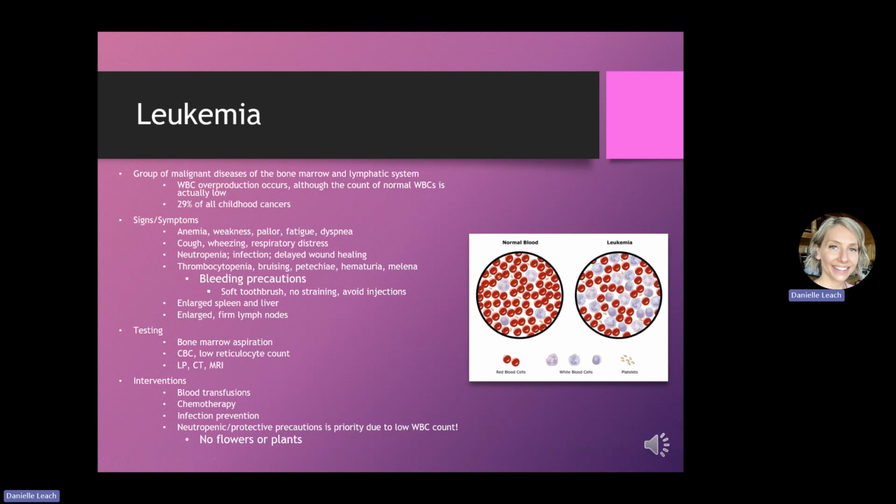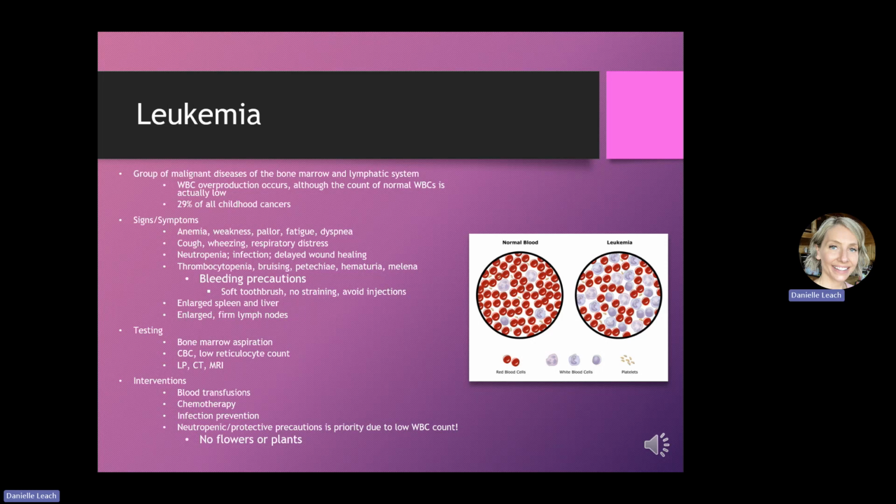Leukemia is a group of malignant diseases of the bone marrow and lymphatic system. So what happens is the bone marrow that is affected by this overproduces white blood cells, which doesn't sound like a bad thing. However, these white blood cells that the bone marrow is making are abnormal and immature.